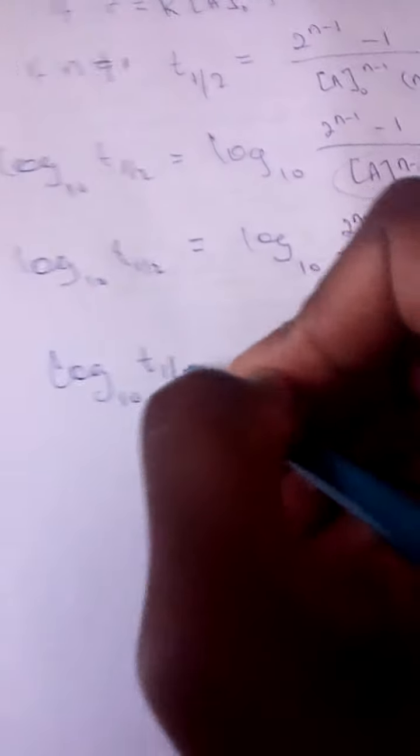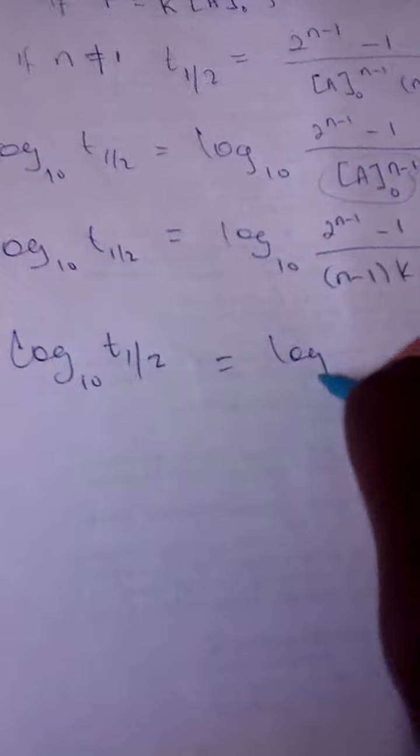So log10 t-half equals log10 of (2^(n-1) - 1) over (n-1) k, minus (n-1) times log10 of the concentration A0.